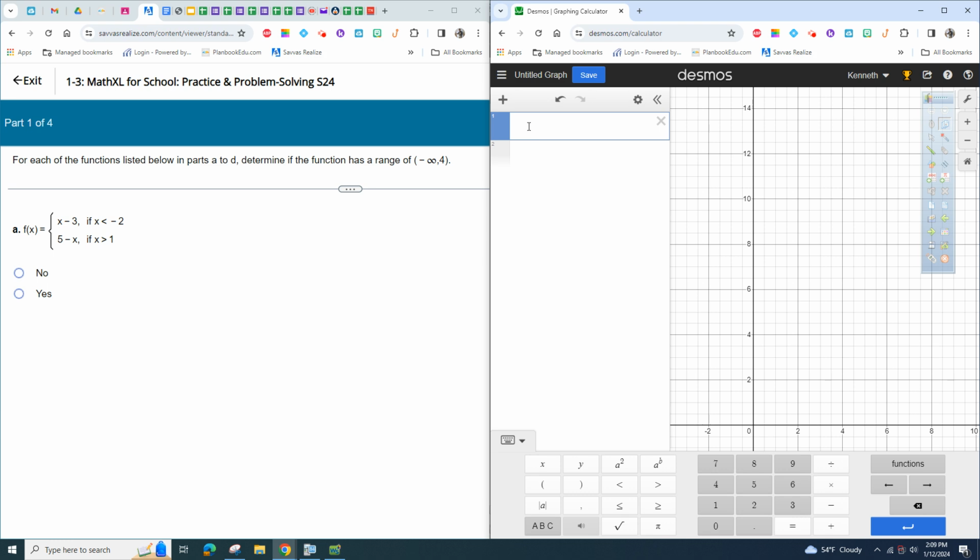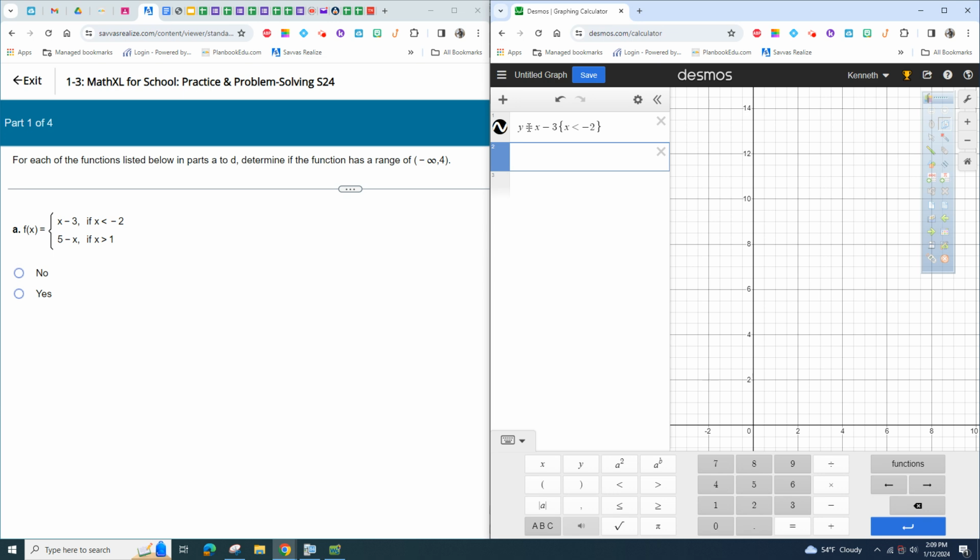Okay. So again, this time I'm going to put the y equals in because I just like to have the y equals. So I'm going to do x minus 3. And then left brace and say x is less than negative 2, and then close the brace.